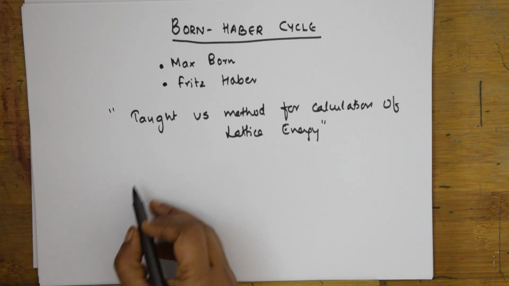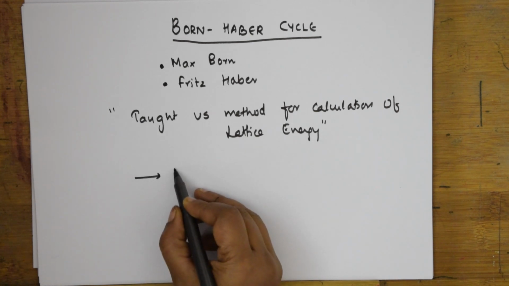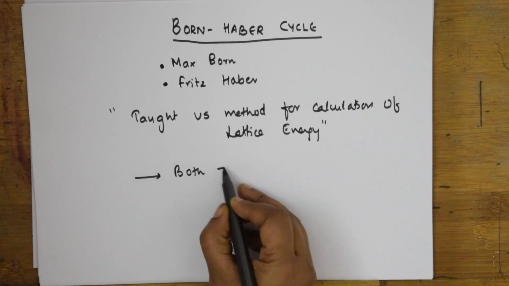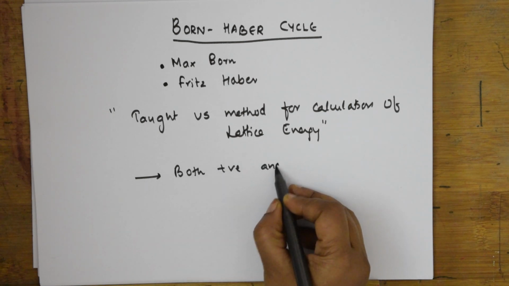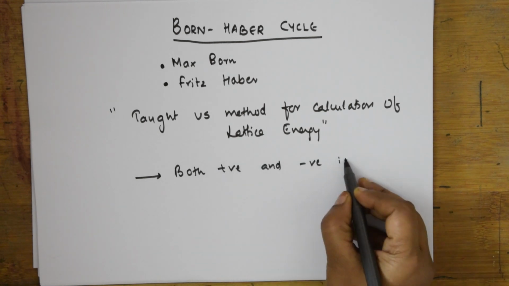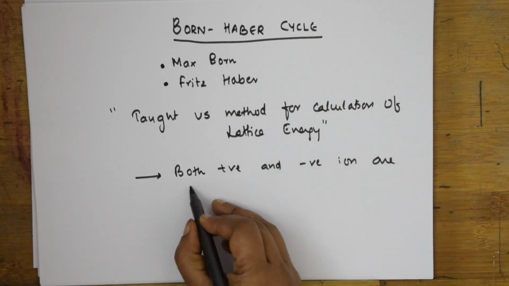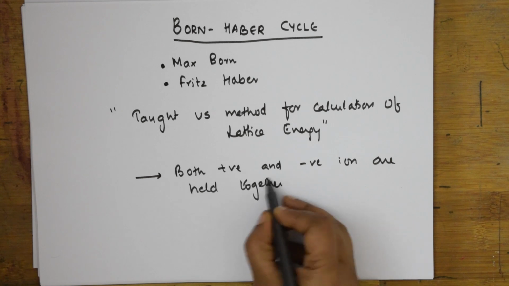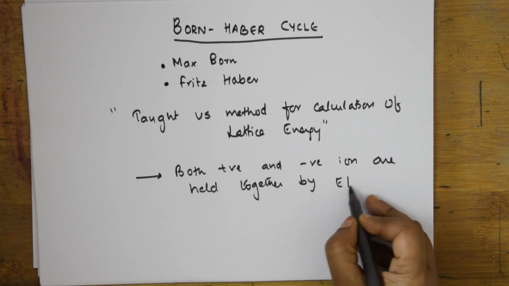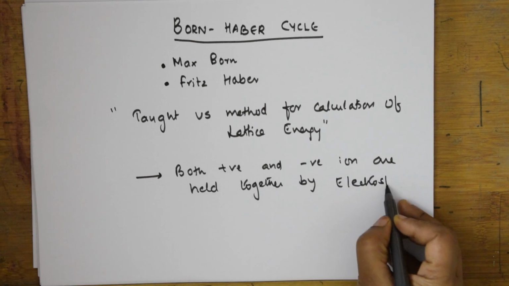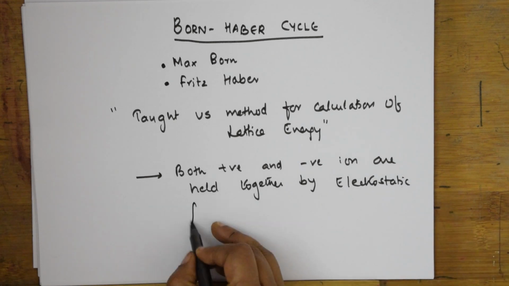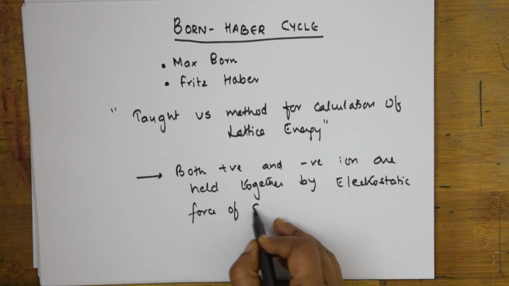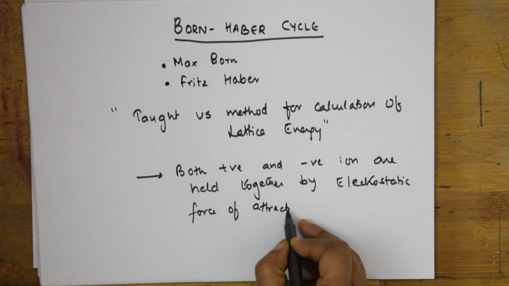So the first point which you should remember is both positive, that is your cation, and negative ion, how are they held together? They are held together by electrostatic force of attraction. This is the first concept which you should remember.